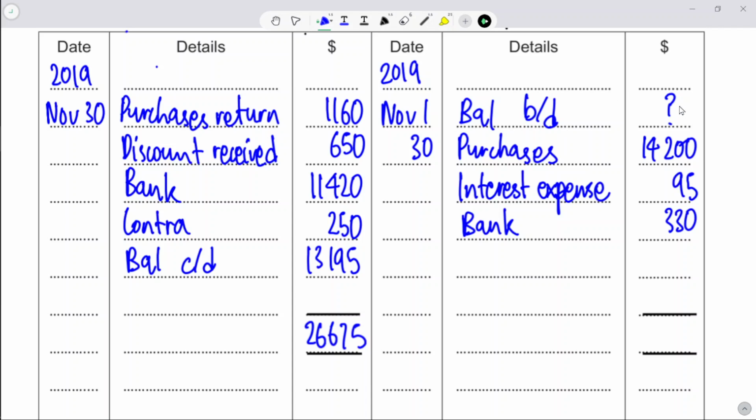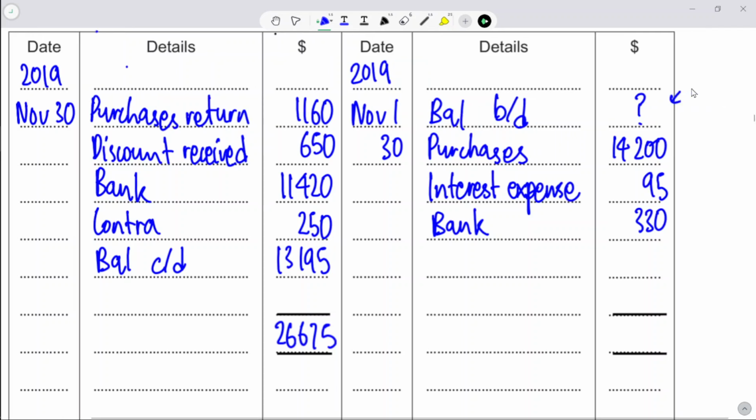So this one is a question mark, right? So you will assume the total is the same. So this one will equal to this one.